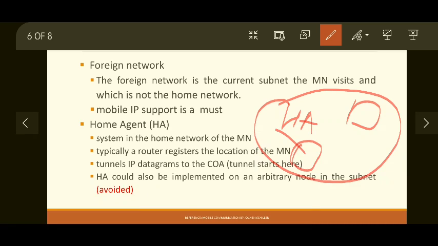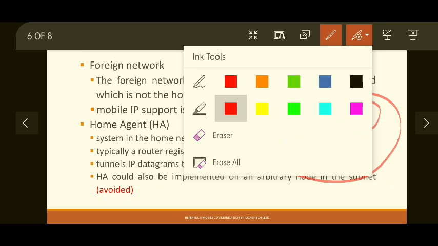But this is usually avoided because in mobile networks the number of users may increase at any given time, and implementing the functions of a router in a mobile node is not preferable, because a router has too many tasks to do, and that requires high-end, highly efficient systems. So implementing a home agent in a mobile node is generally avoided, but you can do that as well if there are very few mobile users within the subnet. Okay, so that is the home agent.